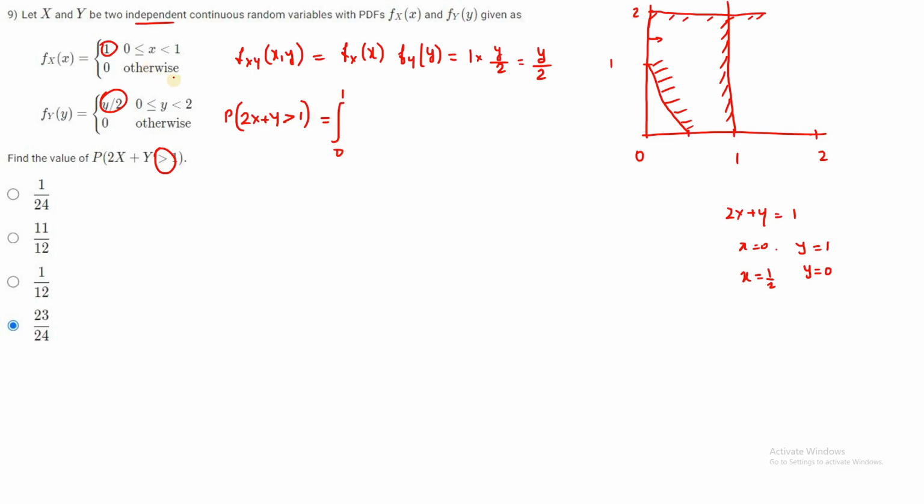This is the region for y, because we have greater than 1 here, and integral 0 to, this is for x, that is 1 minus y whole divided by 2. I'll just write it in a better way, 1 minus y whole divided by 2. This is the limit. Okay, so now next, what is the function?